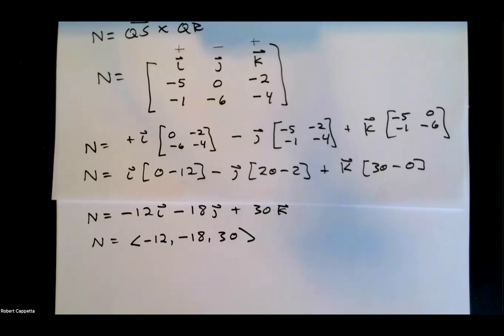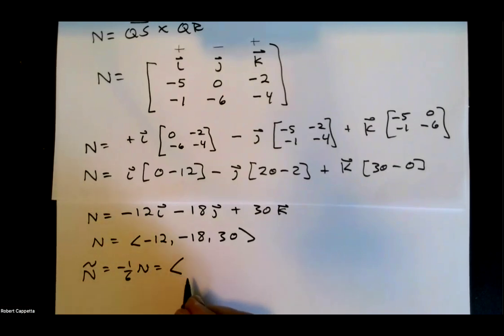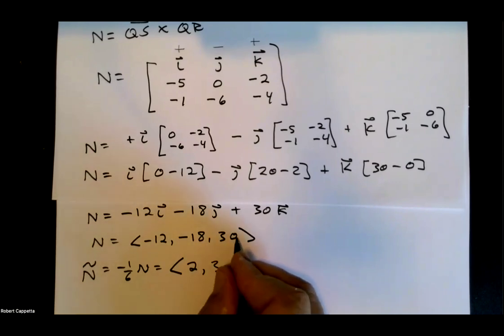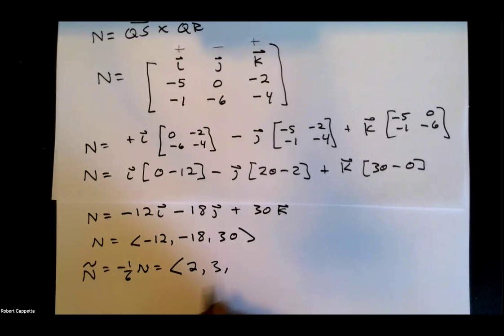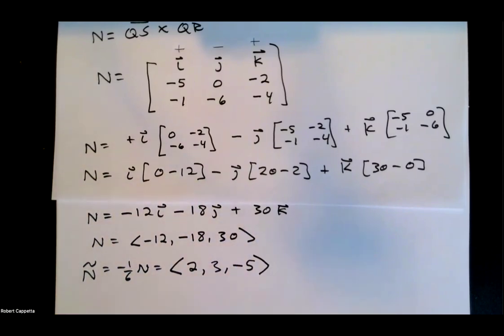So if I divide by negative 6, or take my new n to be negative 1/6 times the old n, we're just shrinking it down to size a little bit. Negative 1/6 of negative 12 is 2. Negative 18 divided by negative 6 is 3. And 30 times negative 1/6 would be negative 5. So that's what I have as my normal vector.